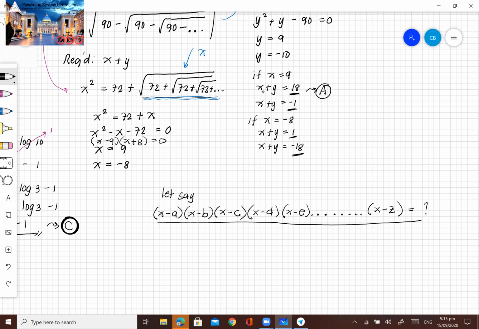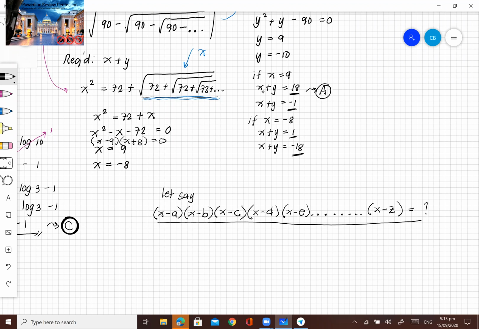x minus a times x minus b times x minus c times x minus d times x minus e, so on and so forth, continuing up to x minus z, is equal to what value? Sige nga kapatid, kindly comment. Ayun. Yes, very good. Why, Mr. Mahmoud? Why is it 0?